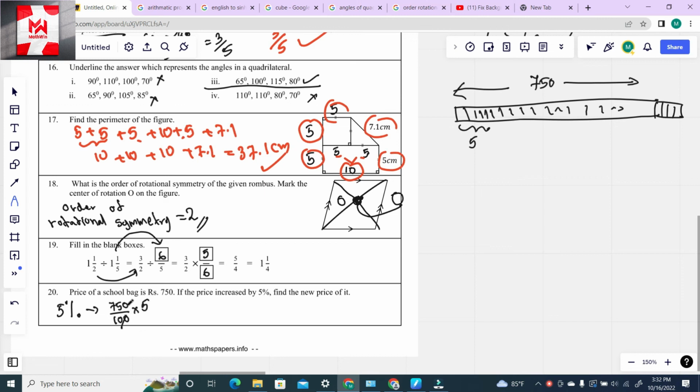Okay, so this is 7 into 5, 375, another 0 here. Okay, that means 75 into 5: 75 into 2 is 150, 150 into 2 is 300, another 75, therefore 375. When you divide by 10, the decimal mark jumps to the left side, then it's 37.5.